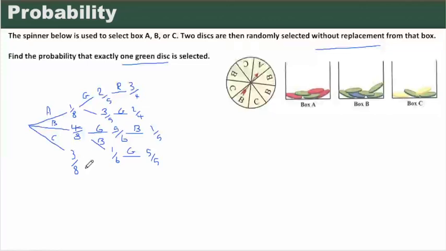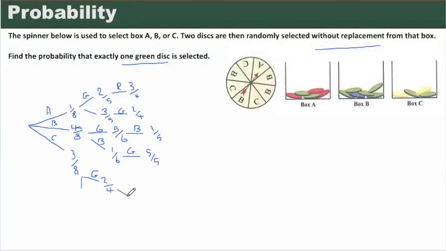Okay, now if the spinner shows C, the probability of C was 3 over 8, so now I will go for box C. If I get the first disc green, the probability would be 2 over 4.